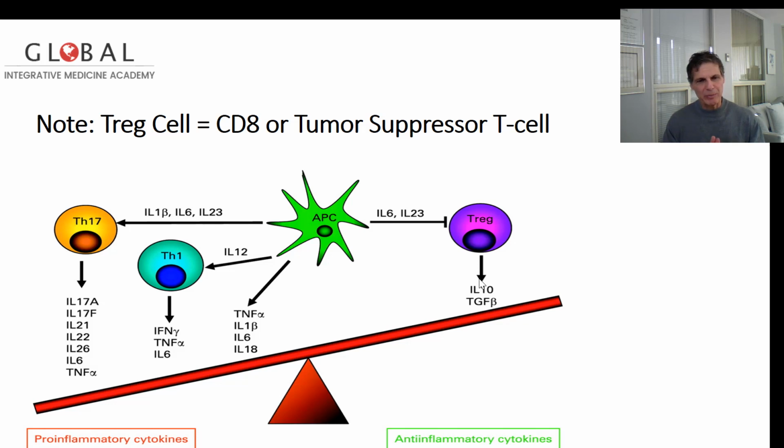But what happens in the autoimmune disease is that the antigen presenting cell stimulates the CD4 cell in such a way that it morphs into a CD17 cell and secretes Th17 interleukin, which then upregulates the secretion of all kinds of inflammatory interleukins and also tumor necrosis factor alpha. And that really kicks things into gear.